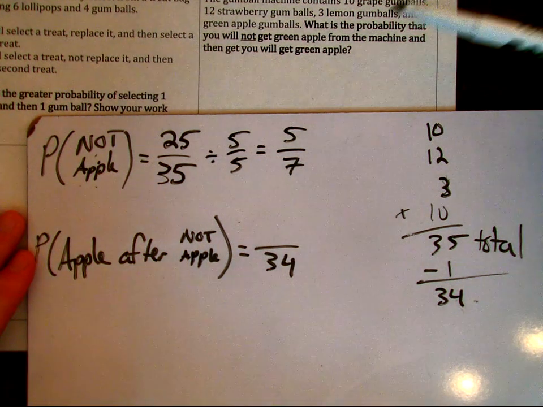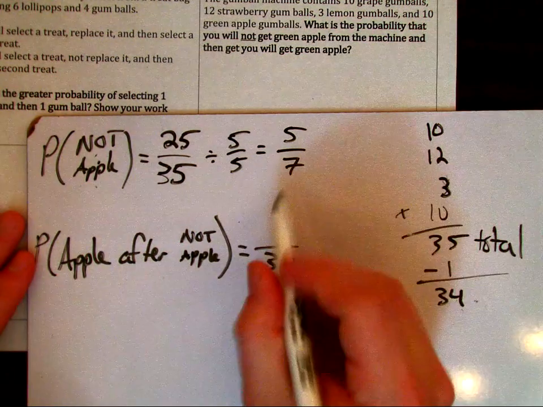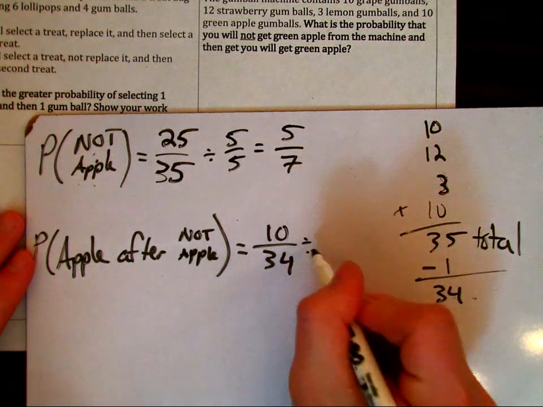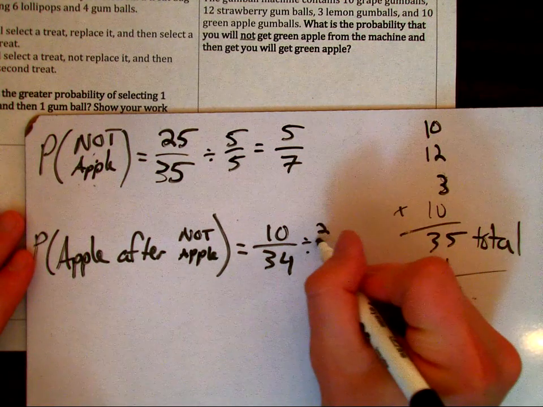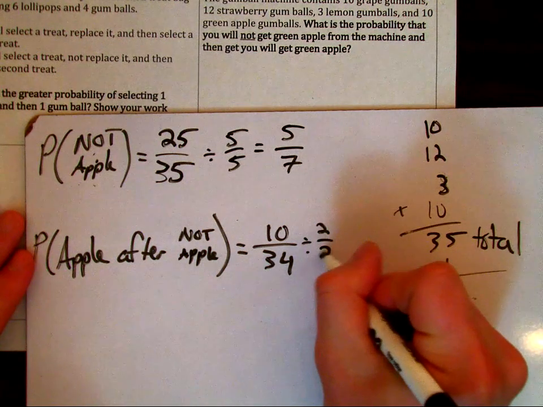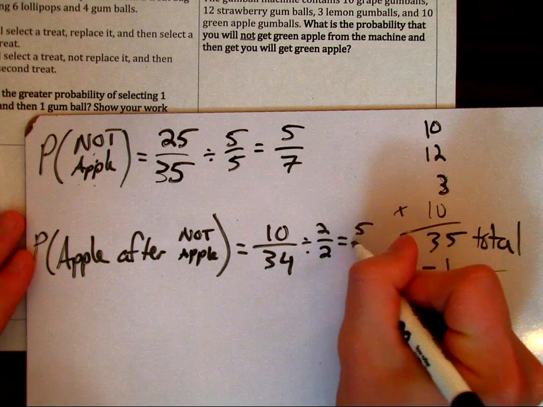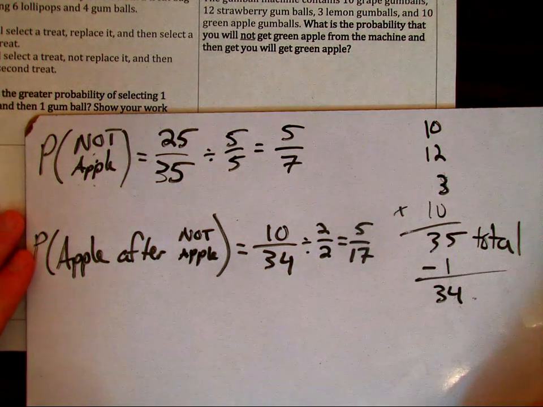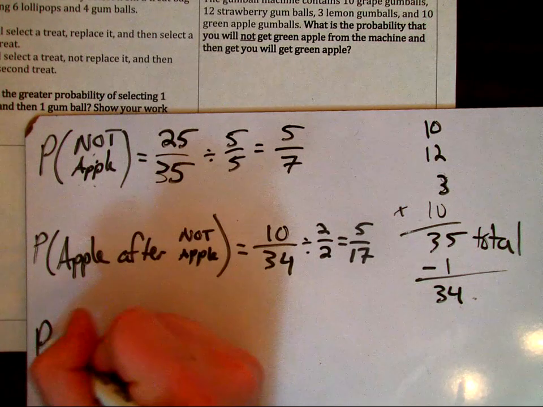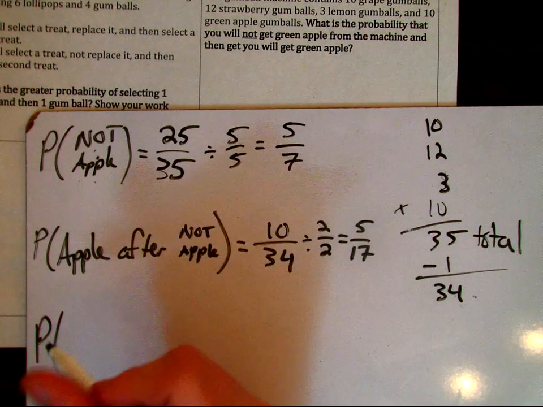How many are green apple? We said 10, and again we can divide by a common factor, so we should end up with 5 over 17. Again, you combine those two probabilities by multiplying them together.